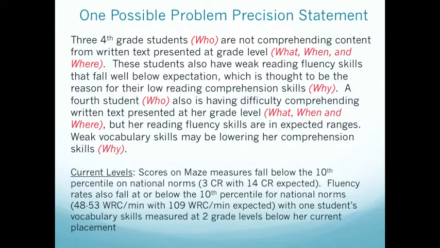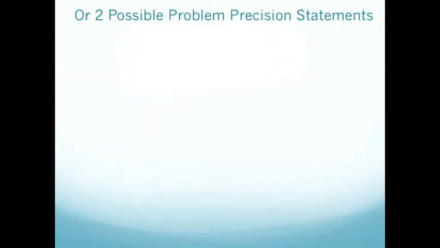We also can put current levels, which tells us where these students are now. This is not only helpful for when we're developing goals, it also gives us a picture of how powerful of a solution we will need to put in place to close that gap. Now, this is one way to put all 4 students together. It may actually be almost easier if we take these 2 apart.